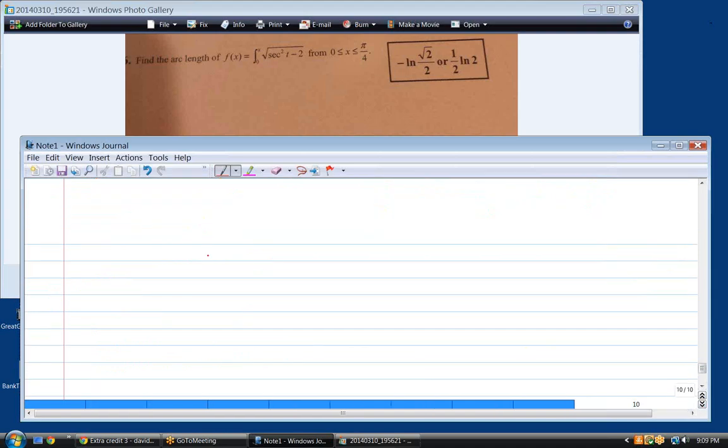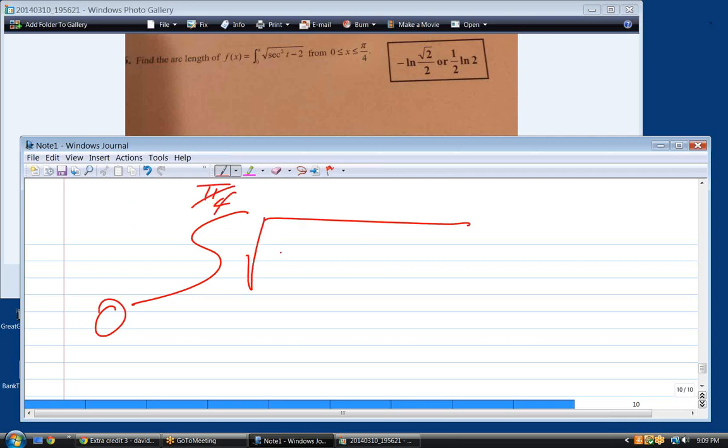Find the arc length. The arc length is going to be from 0 to pi over 4 of the square root of 1 plus, is it minus or plus?